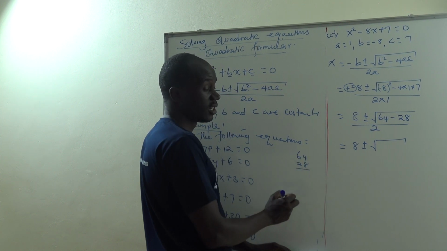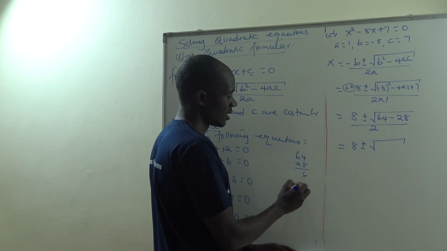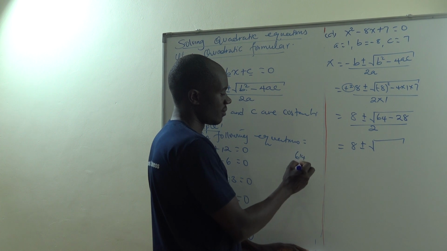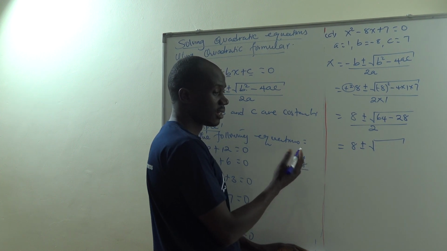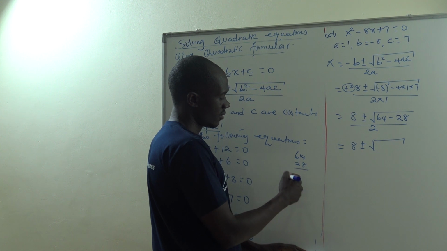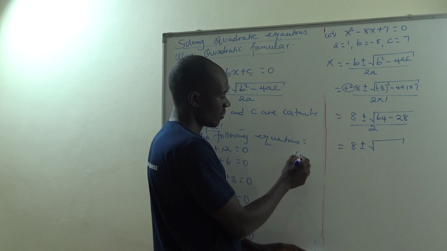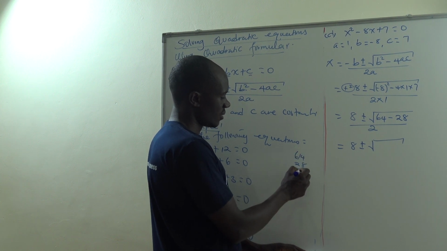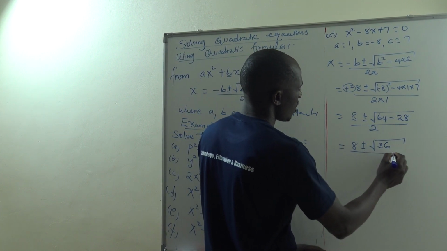This is 14, 14 minus 8, you will get 6. Then here we remain with 36. 64 minus 28, you are getting 36 over 2.